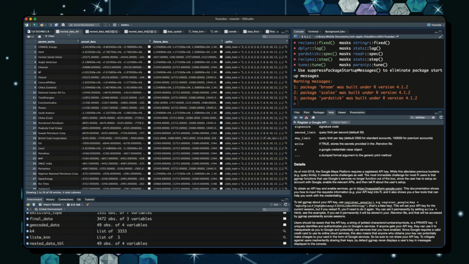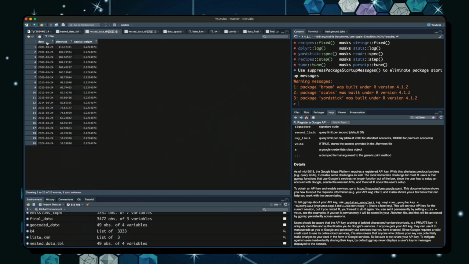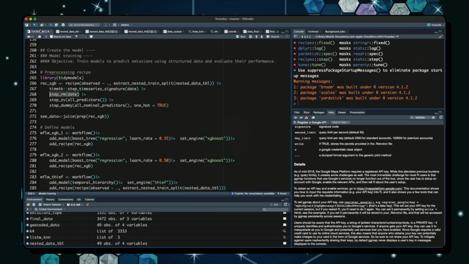So the date format, as we can see it here, is not useful if we have decomposed the time series. So this is going to be removed. We are going to add a step zero variance on all predictors and dummy all nominal predictors.